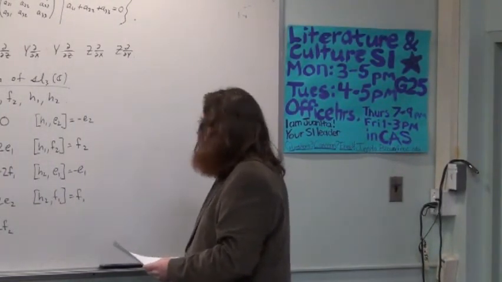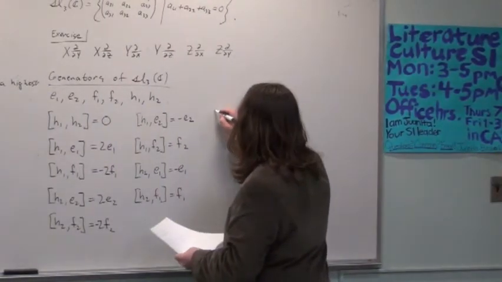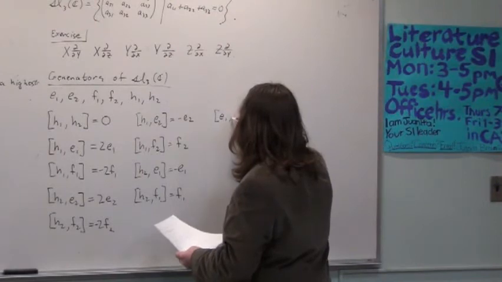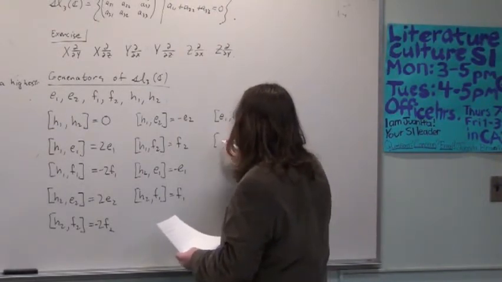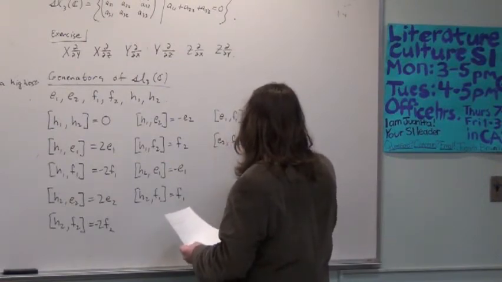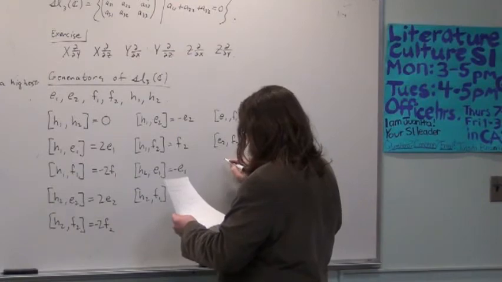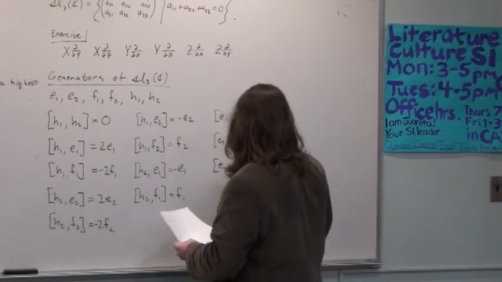Mixed indices get multiplied by either a 1 or minus 1. And lastly, what about E1, F1? Well, the bracket here is H1. E2, F2, the bracket is H2. And the mixed ones vanish.